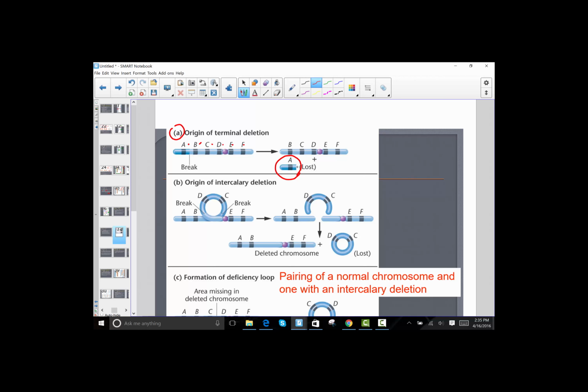So something happens, there's probably a weak spot here in the chromosome, and you have a break when these two chromosomes find their homologue and try to pull apart. You can actually lose a piece in disjunction. Okay? Now, another way that this can happen is an intercalary deletion here.